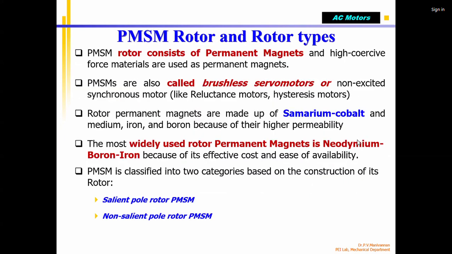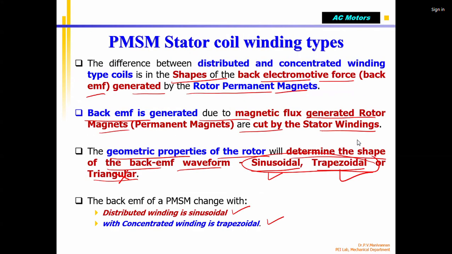Okay. So now the permanent magnet synchronous motor: we talked about the stator, correct? The stator is a 3-phase winding. The winding can be distributed or concentrated. Depending upon that, the back EMF generated will be sinusoidal or trapezoidal.